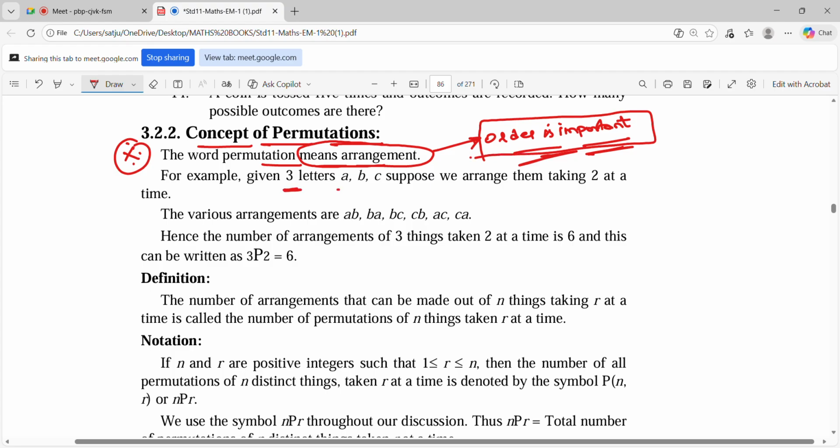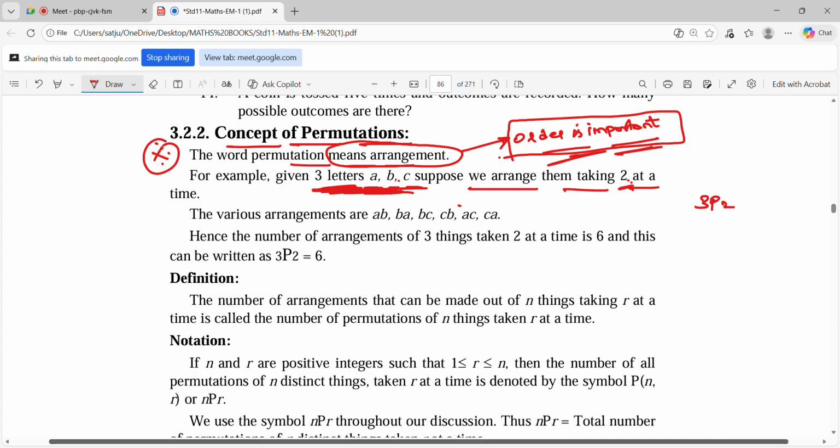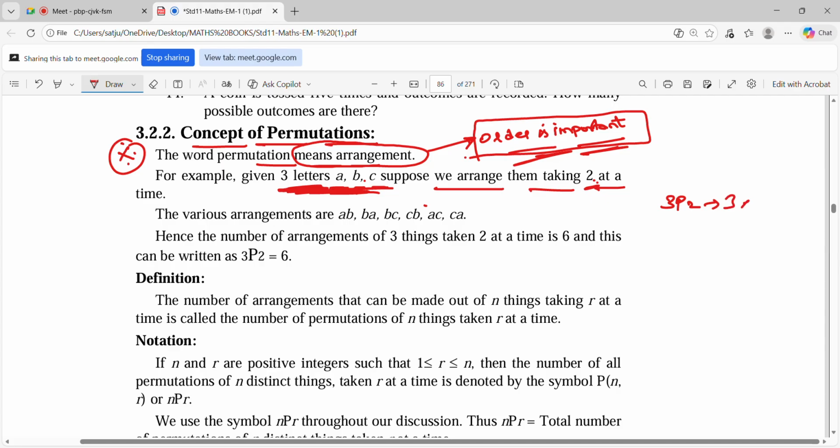For example, A, B, C. Suppose we arrange them two at a time. So therefore AB, BA, BC, CB, CA, and AC. Three things you are taking, arranging two at a time: 3P2. From 3 you have to fill two places. 3 into 2, so therefore 6. In a simple manner you can write it.